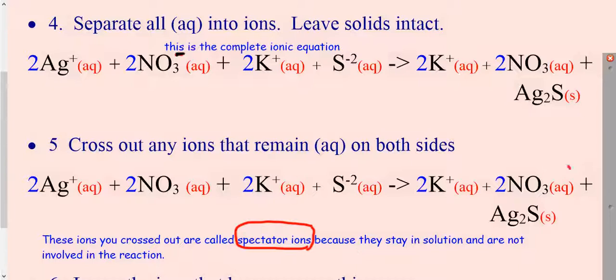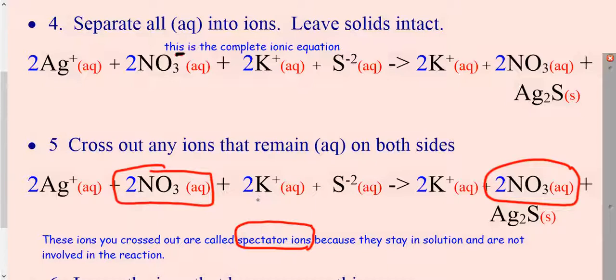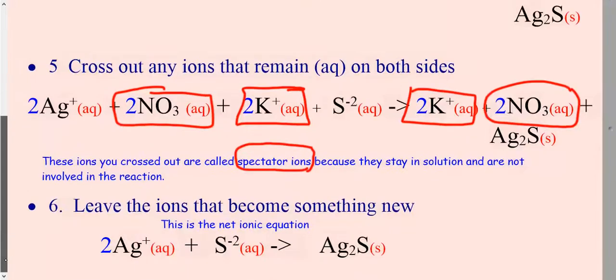That's a spectator ion, meaning it always stays in solution. K is aq here and aq there, so again, spectator ions, they just stay in solution and do nothing. What we're left with is our net ionic equation. So we rewrite what we're left with, what I didn't circle: 2Ag+ plus S2- (aq) yields Ag2S. This is the net ionic equation.